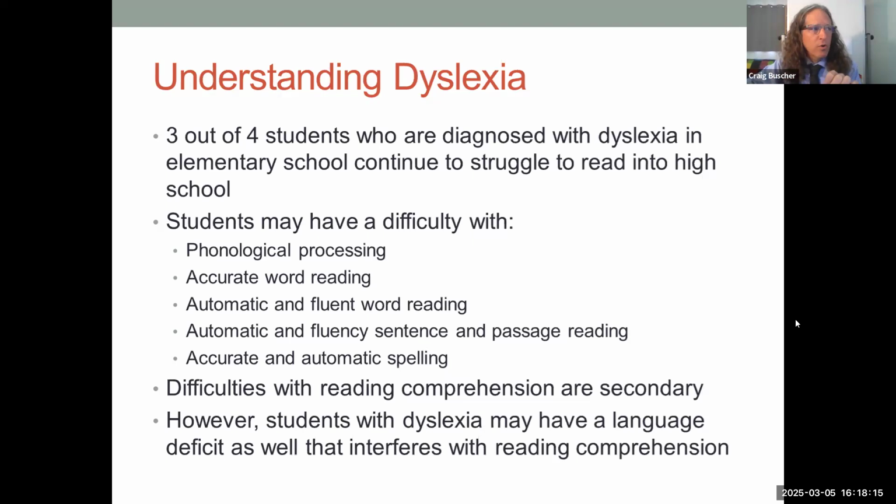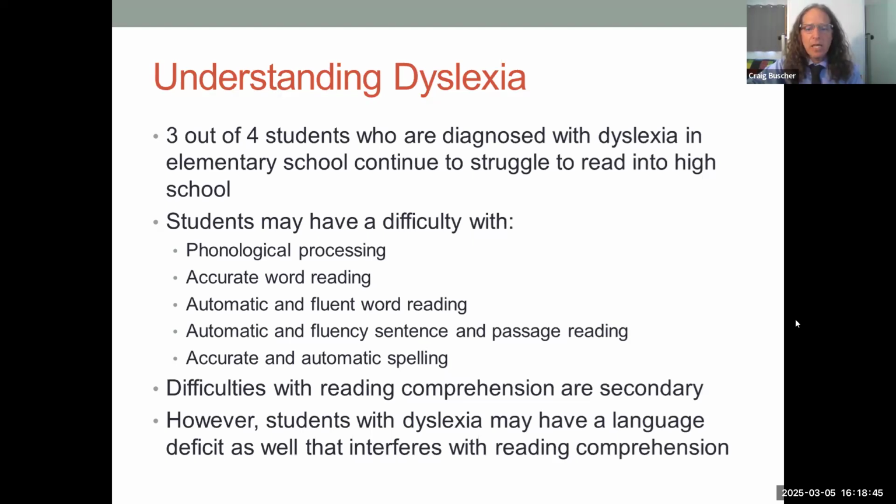You can have both of those things, and if you do, then your reading comprehension is really going to be a struggle. You struggle to comprehend because your attention and focus is on word reading, but even if somebody reads something to you, if you have this language difficulty, then you're also going to struggle to understand it. I hope that makes sense. It's a really important point.